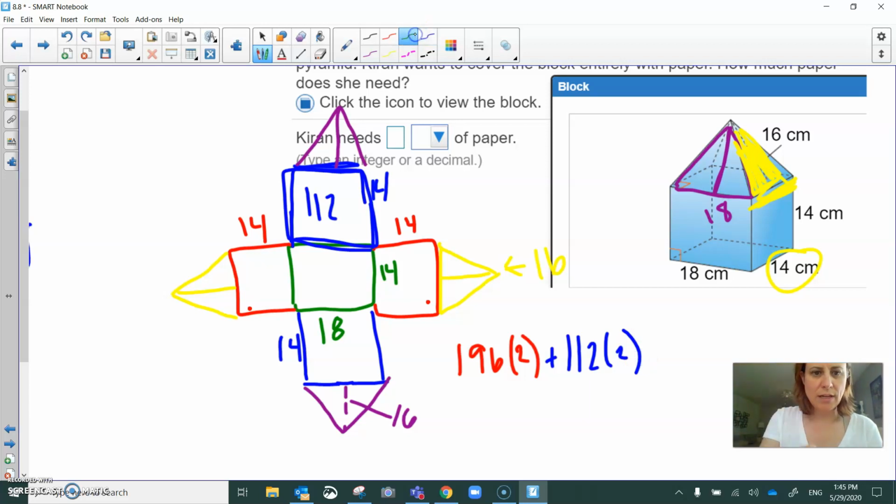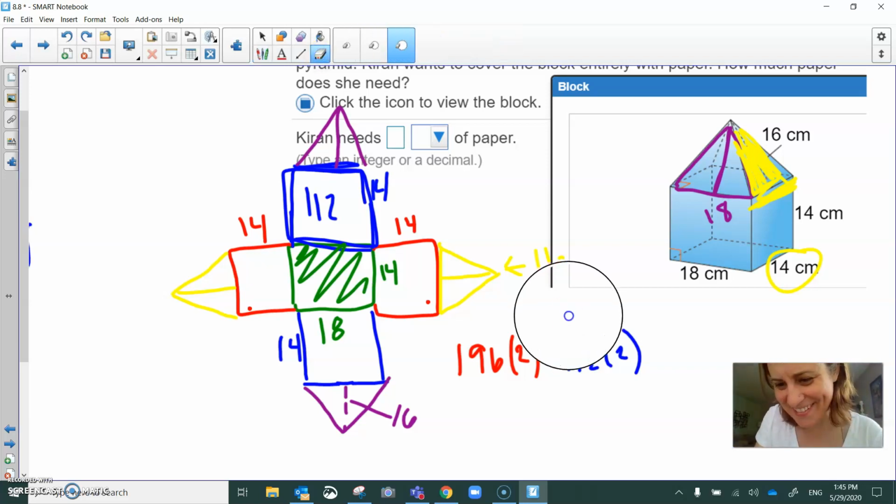And then the green one, the base, is 18 times 14, which I think I just did. Whoops. 18 times 14. Wait. 18 times 14. Why did I get 112? 18 times 14 is 252.